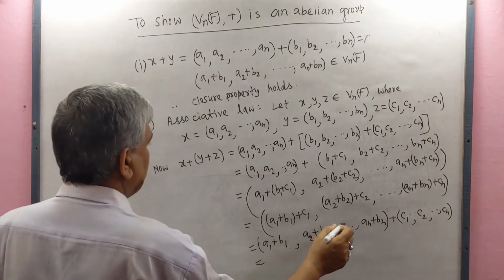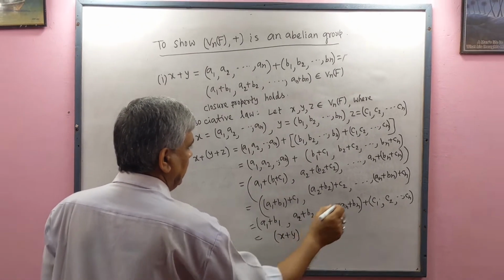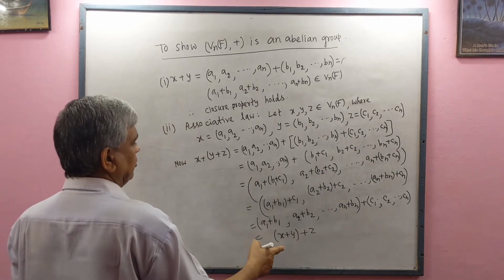This is x plus y and that is z. So associative property holds.